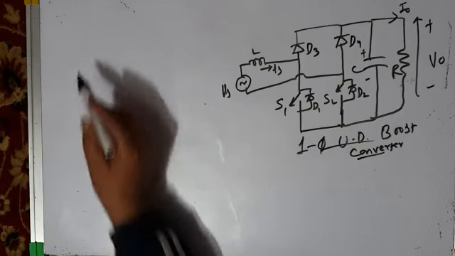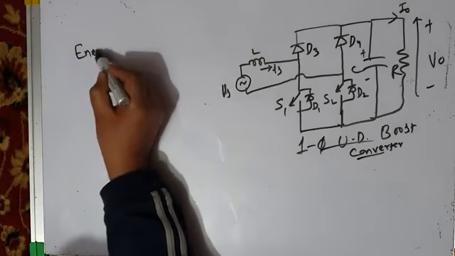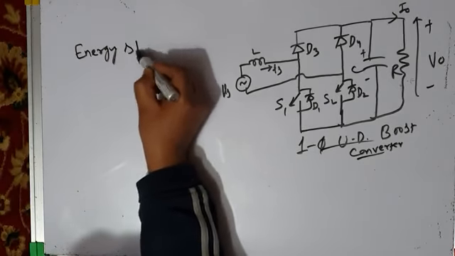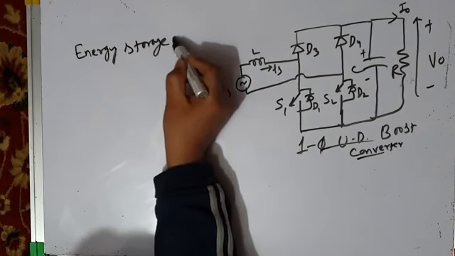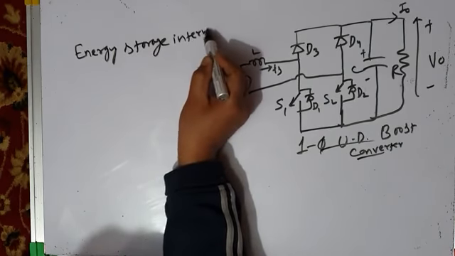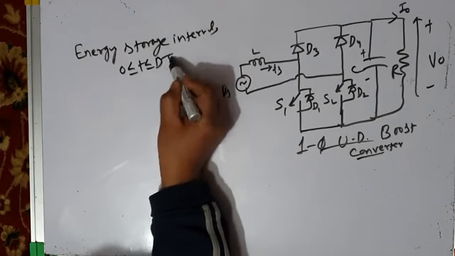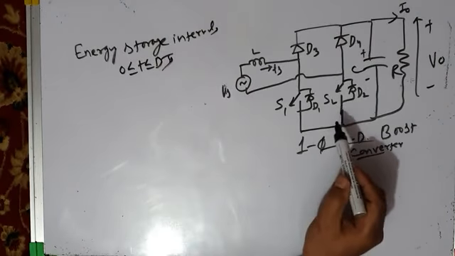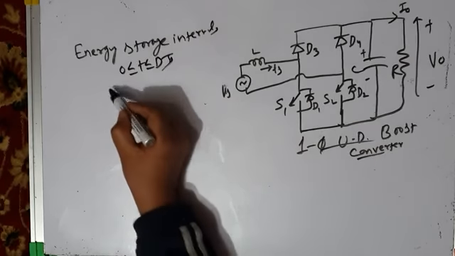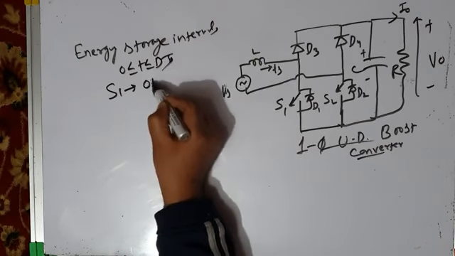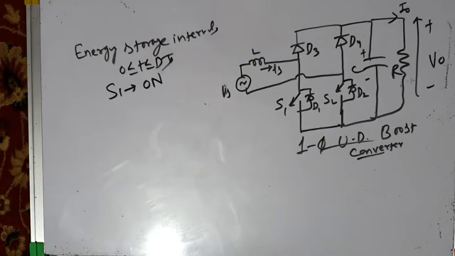Operation is very simple. First of all, I will discuss the energy storage interval, that is 0 to dTs. During this period, what will happen? Switch S1 will be on. S1 will be given a control pulse at its gate, and it will turn on.